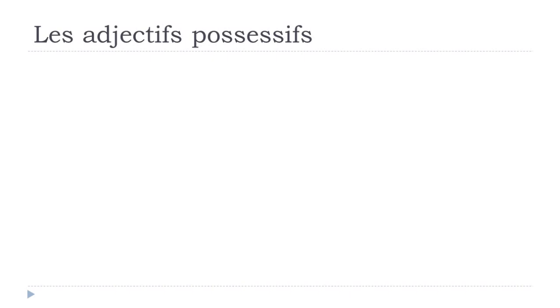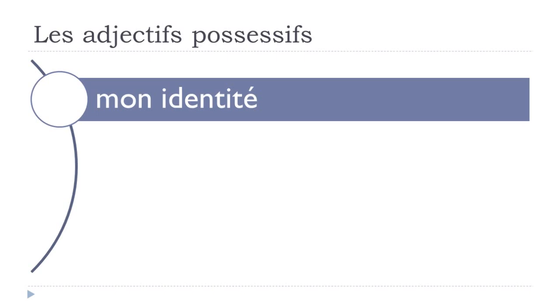Because of course, as usual in French, we've got some exceptions, and the exceptions are for the feminine words, like identité, for instance. Identité does mean identity. If you look carefully at this word, you can notice that it starts with a vowel, so I in that case. And for aesthetic reasons, we think that ma identité, the way that normally you should put the feminine form, doesn't sound nice.